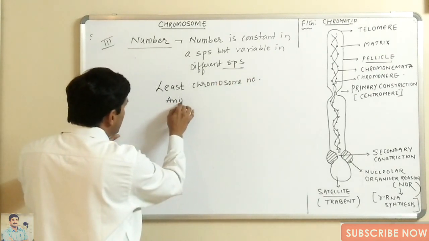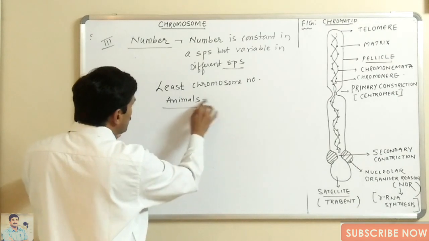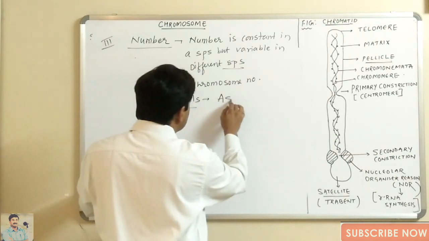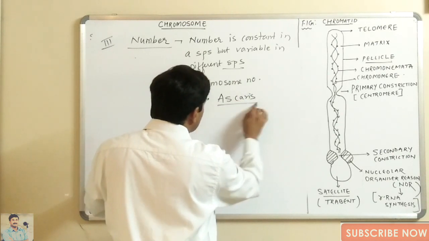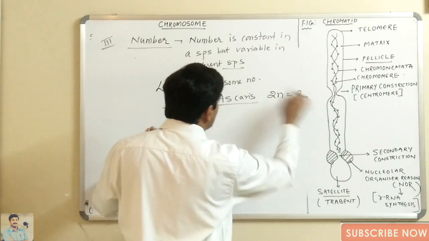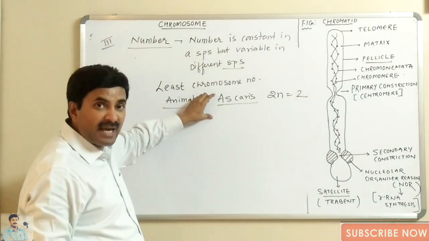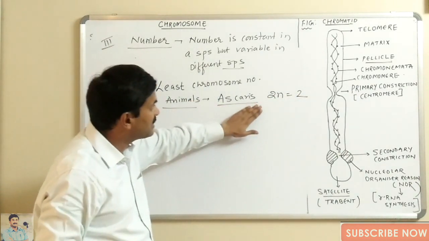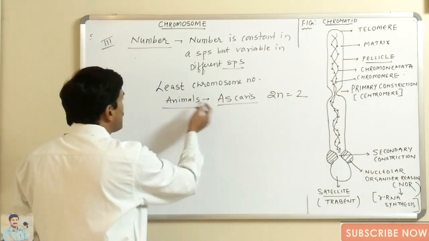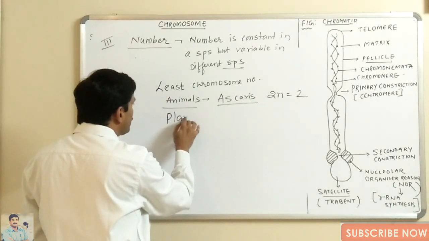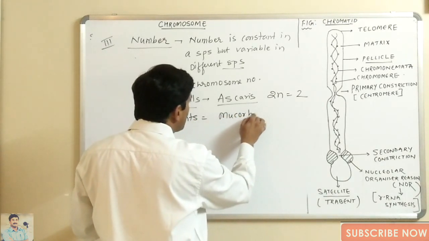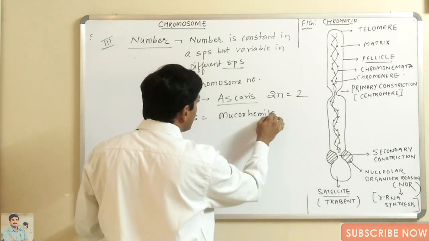Now we must know the least chromosome number in animals. We must know that the least chromosome number in the case of the animals is in Ascaris. Ascaris has the chromosome number of 2n = 2. So in the entire animal kingdom, Ascaris has the least chromosome number, that is 2n = 2. But if we talk about the plants, the least chromosome number is found in Mucor himalis.